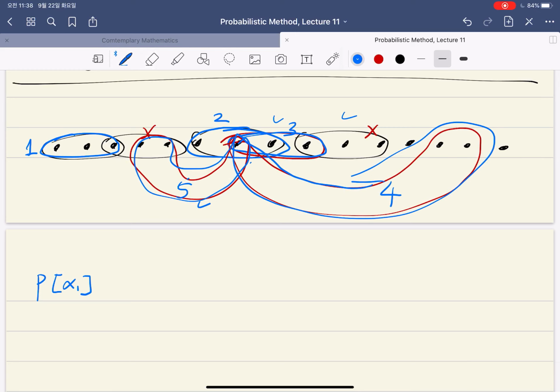And also, the bad event of alpha 2 must happen. And those two are independent, so you can multiply. And the bad event of alpha 3 must happen, but is it independent of these two?